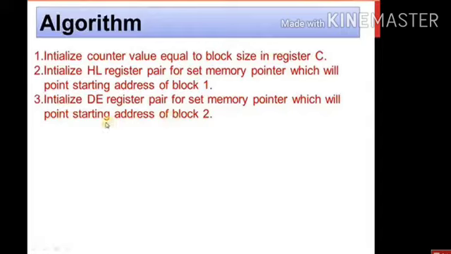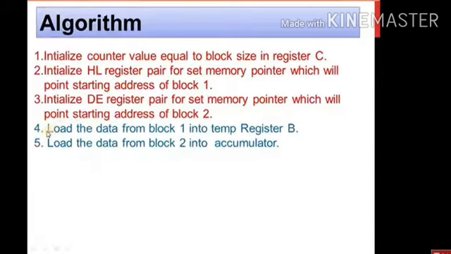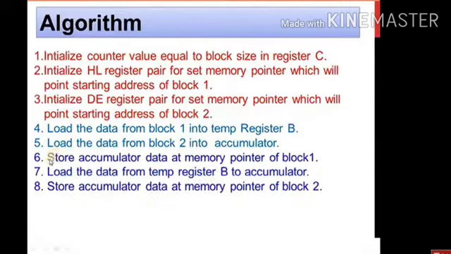Two locations are there: one with the HL pair and one with the DE pair. Now, fourth, we will load the data from block 1 into the temporary register. Block 1 is the HL pair. I will load it into temporary register B, and from block 2 into the accumulator.